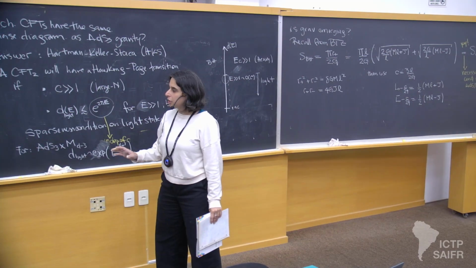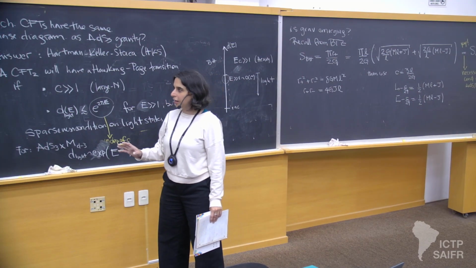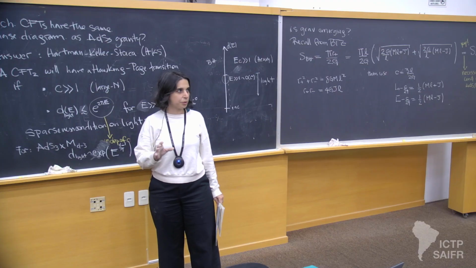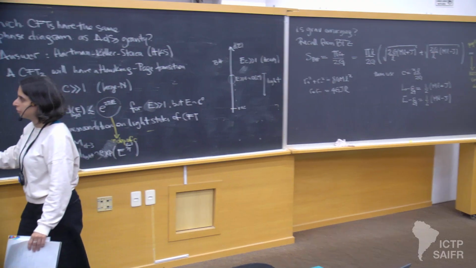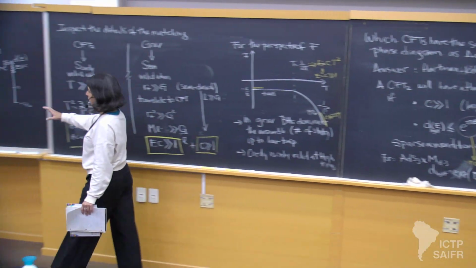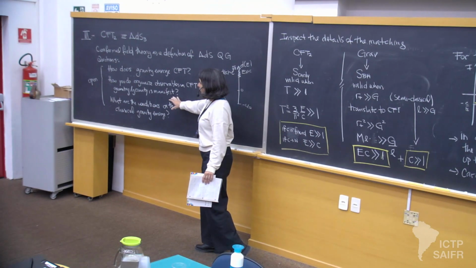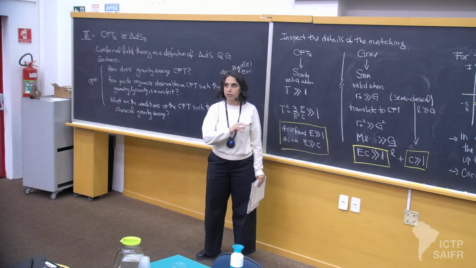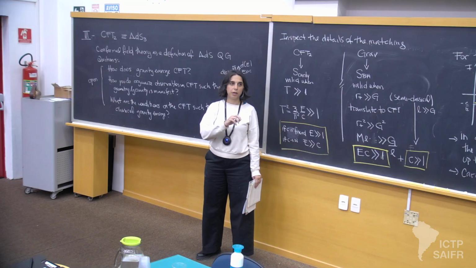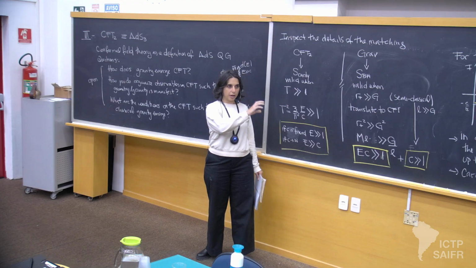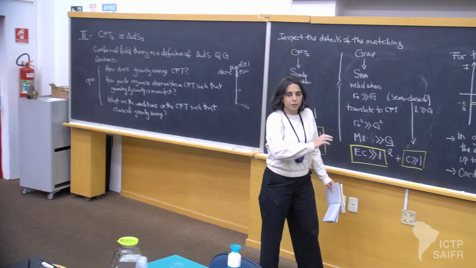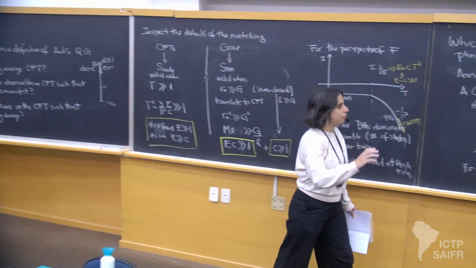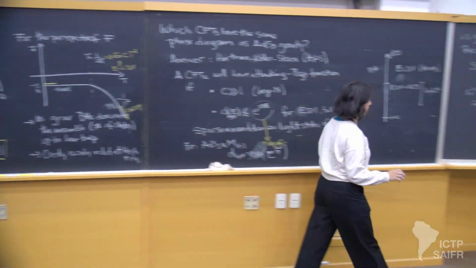With this, I wanted to give you an idea of what happens as we're trying to model quantum gravity through the conformal field theory, and in particular trying to answer these questions. Now, I focused here just on the partition function and just on the entropy and trying to match the black hole entropy. But in the literature of AdS₃, there are many, many more quantities that you can look at.